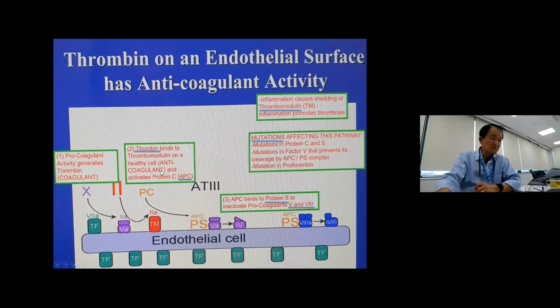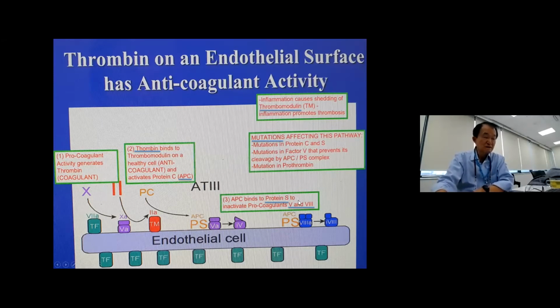That's an anticoagulant, and then it activates protein C. This is somewhat confusing because protein C and S contribute to clot formation, but they also inactivate factor 5 and 8. So like many other things, we have two different functions of the same thing.